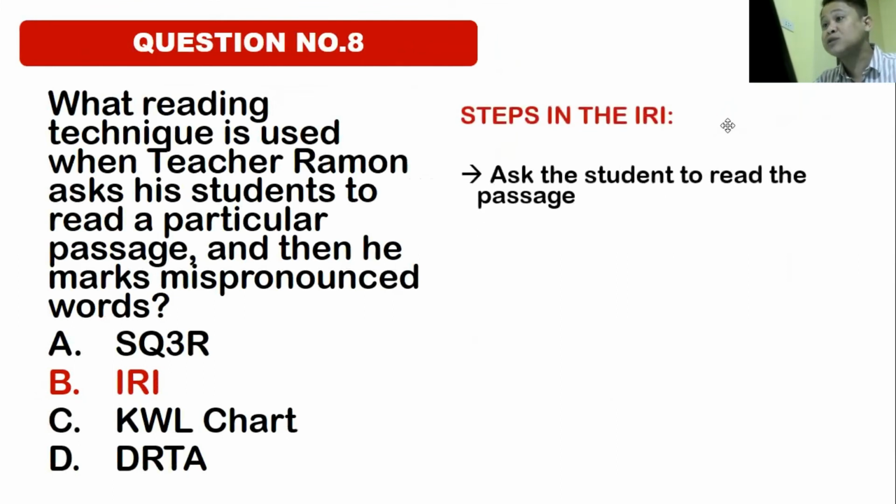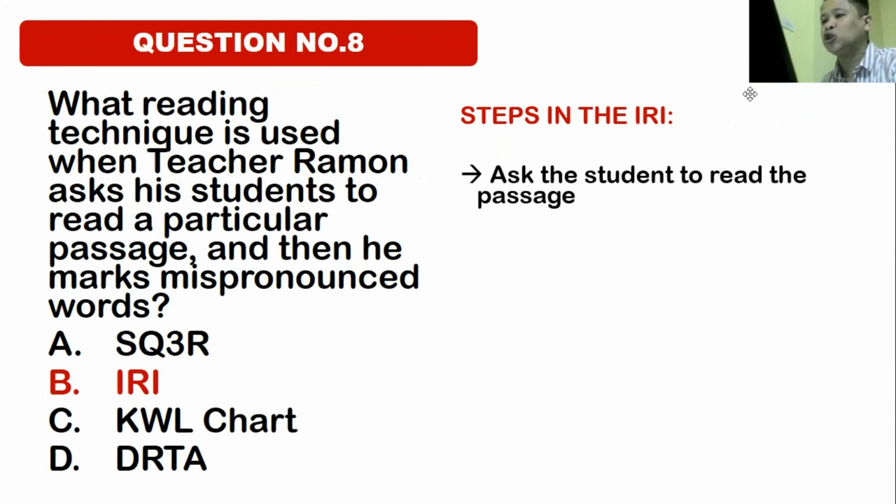So here are the steps in the informal reading inventory or IRI. Ask the student to read the passage. It says here, what reading technique is used when Teacher Ramon asks his students to read a particular passage? So clearly the answer is IRI, or informal reading inventory. That's the first step.